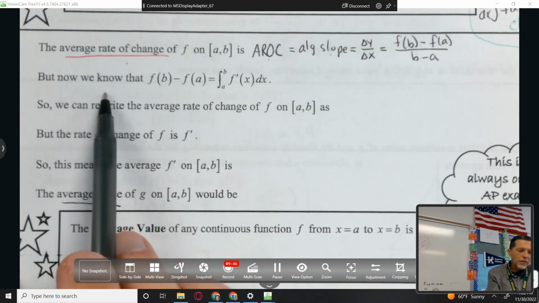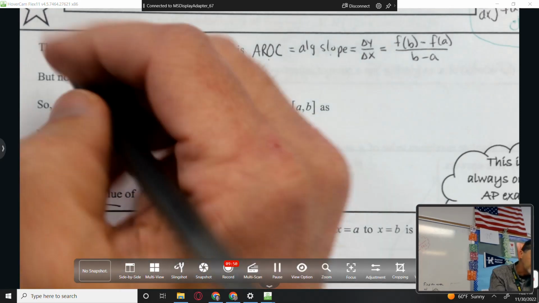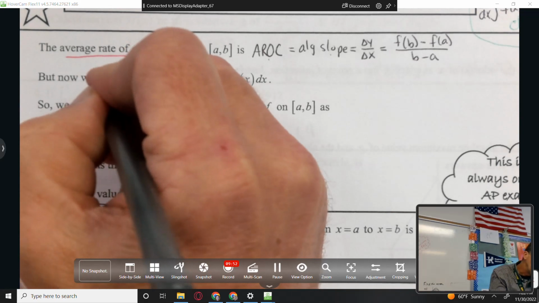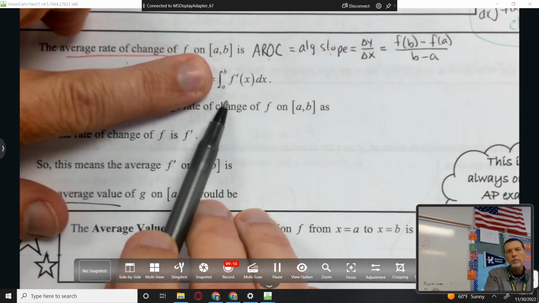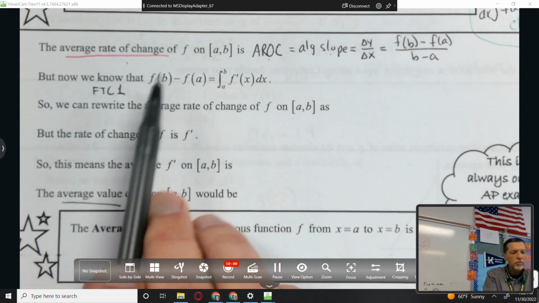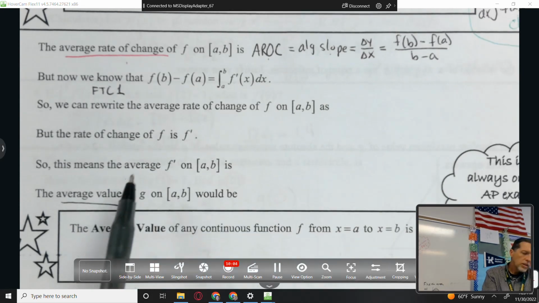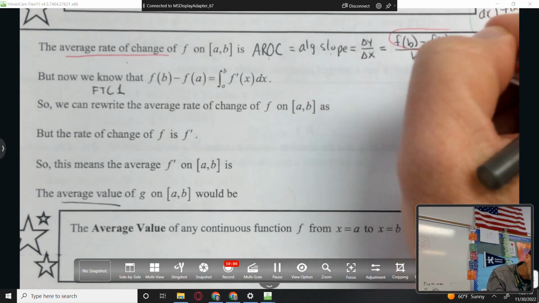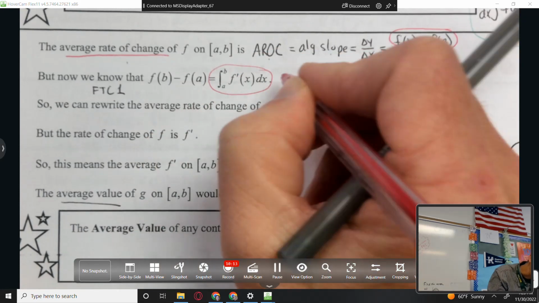Alright, now we know, this is FTC part 1 here. It's a little bit out of order than what we usually do. The antiderivative of the derivative gets us back to the original, top minus bottom. So I can replace f of b minus f of a with that thing.